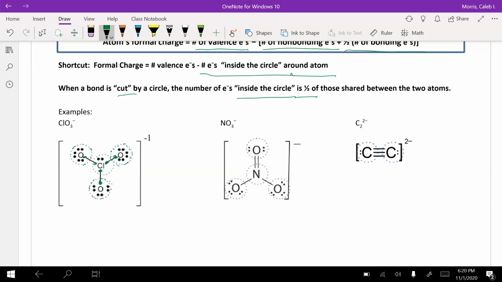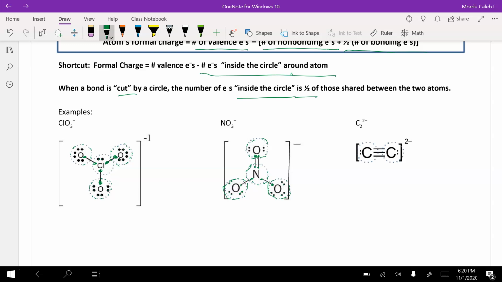So you can just circle each atom, and the number of electrons is what's inside the circle. Over here, that oxygen would have 6 electrons inside this circle. And then the nitrogen would have 1, 2, 3, 4. Oxygen here has 7, and this oxygen has 7 electrons inside that circle.